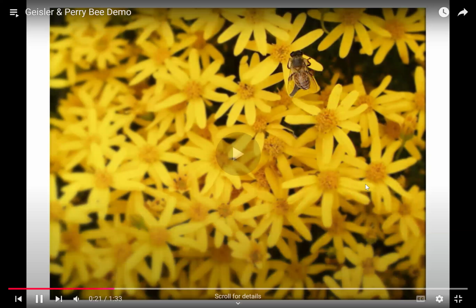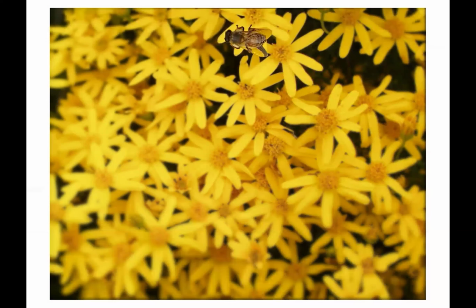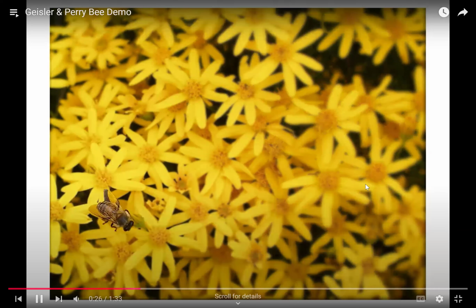So now you saw the bee, and then you followed the bee, right? Now the question is, did you notice anything changing in the periphery? No, but let's rewatch it and just watch that flower that the bee started on. So what happens to this flower? It's getting blurry, right?